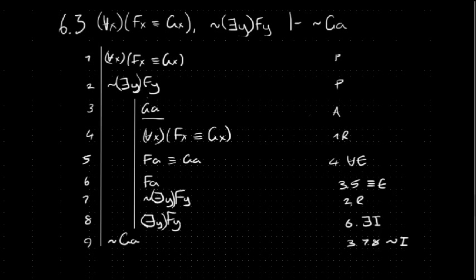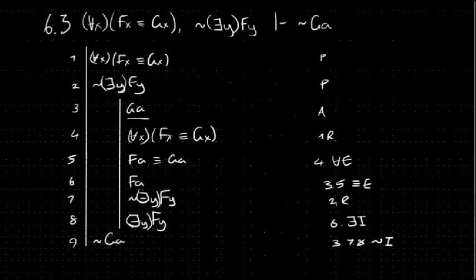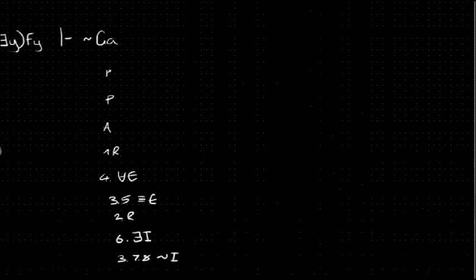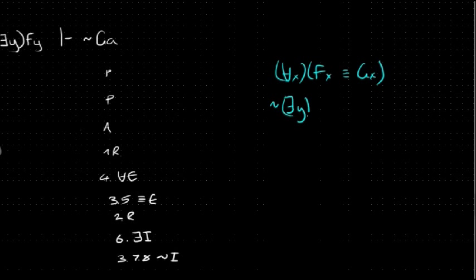And then if I have fa, I could turn that into a statement that would contradict not ey fy. Sometimes the thing to do, especially when we're doing negation introductions or indirect proofs, is just to have a look at the formulas we have. So there we had ax fx if and only if gx and not ey fy. Have a look at these and then maybe write in the margin the statements that would contradict those.